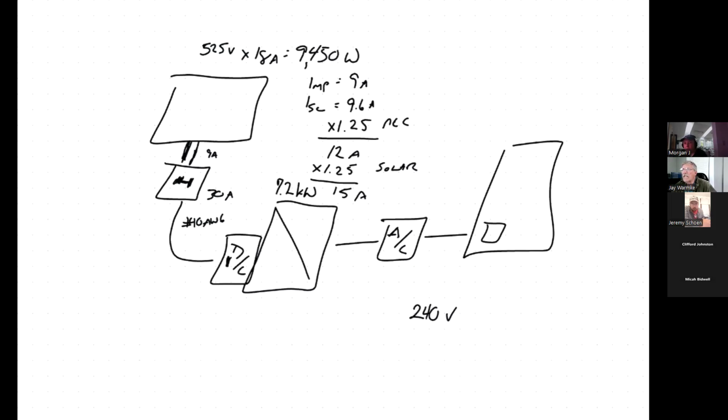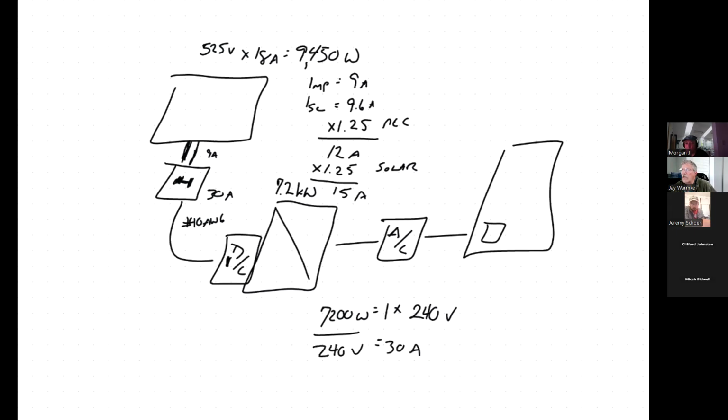If it's 7.2 kW, or 7,200 watts, how many amps? Well, watts equals amps times volts. I can take my watts and divide by my volts to get my amps. So 7,200 divided by 240 gives me 30 amps leaving.